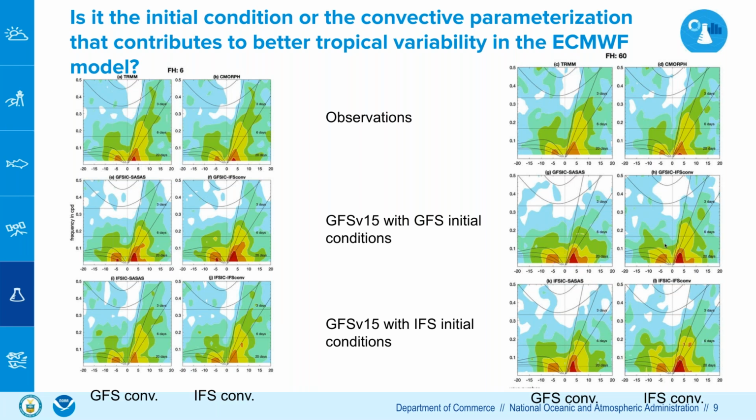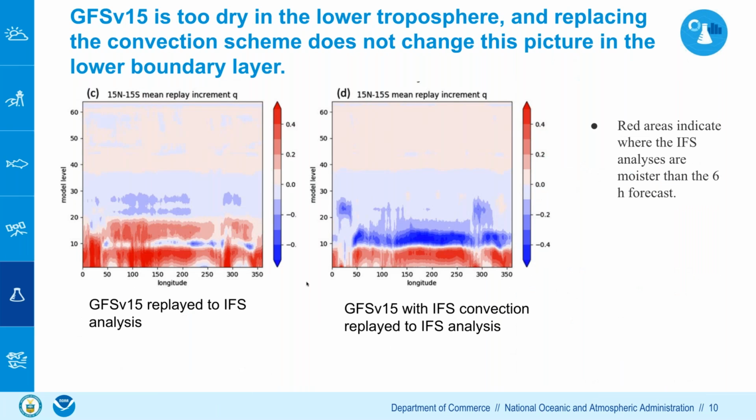So if you have a better representation of physics, it could also influence the initial condition. So to try to detangle this a little bit, we looked at the replay increments.